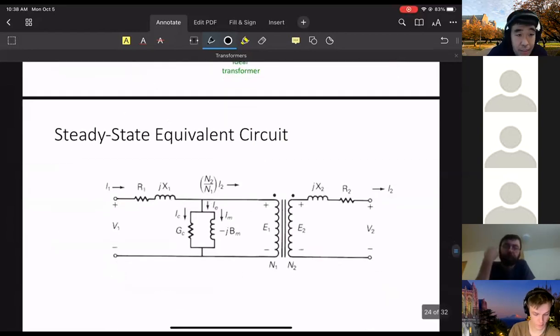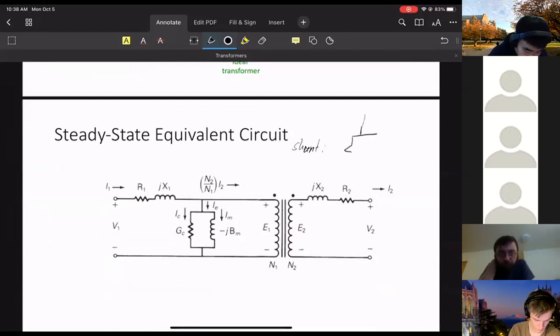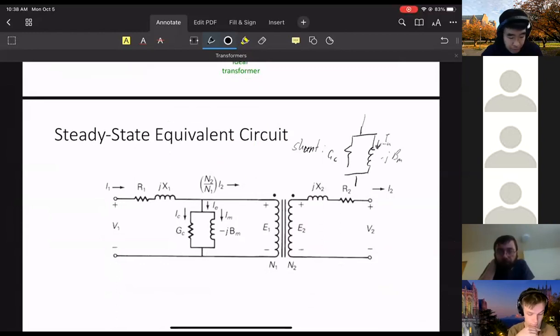Anything in parallel in this terminology is called a shunt. So shunt refers to this element, with jC, and here we have minus jB.